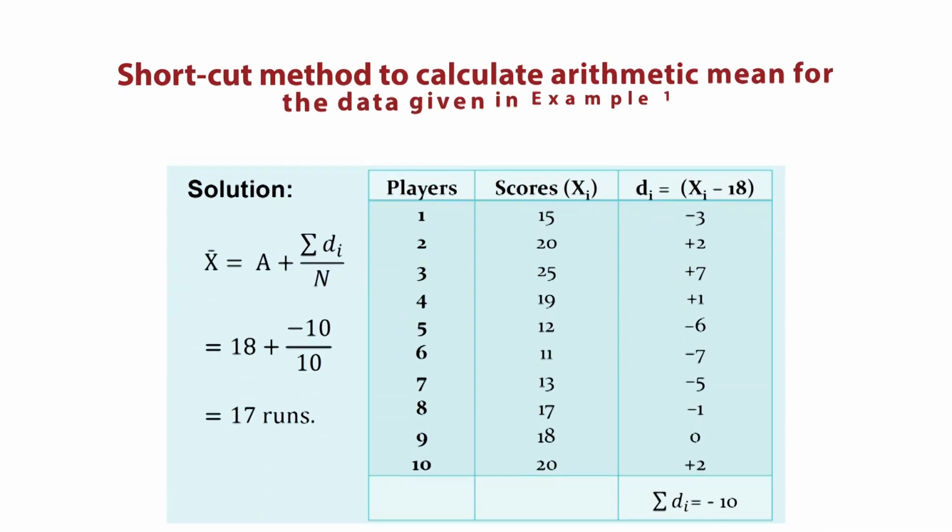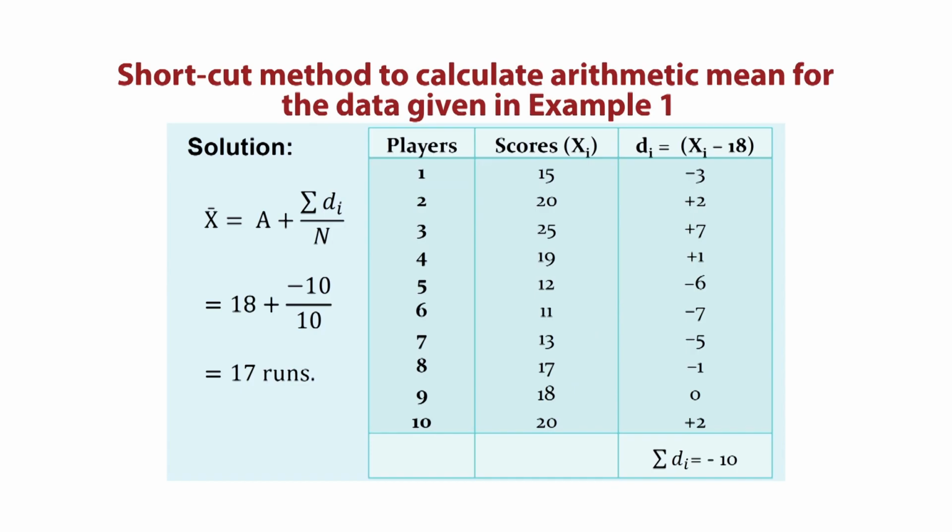Let us have an example to get more clarity. We use the shortcut method for the same problem that we took for the direct method. The number of players is 10, and scores are given in the second column. Let us see the table.